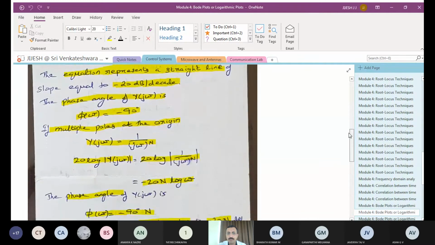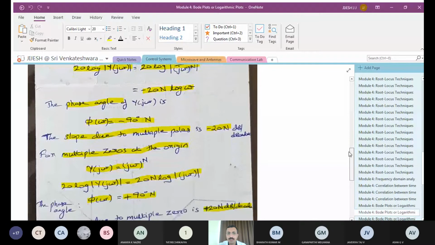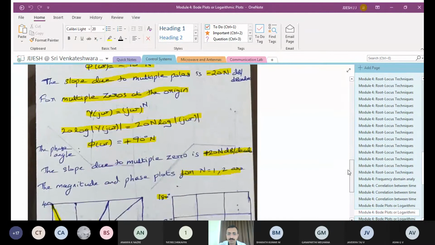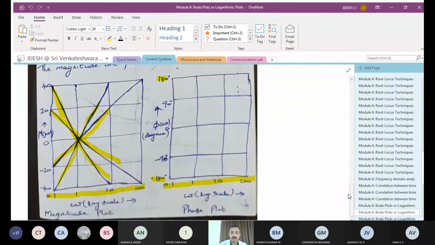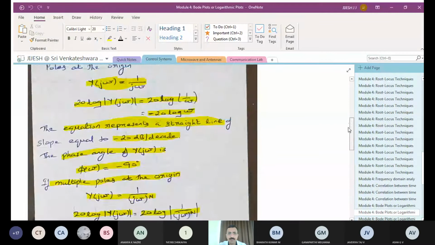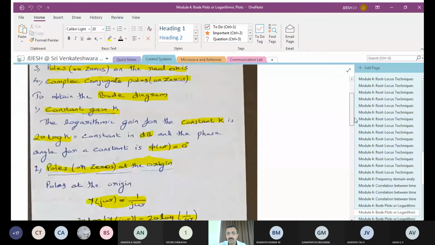As well as in the previous class, we discussed multiple poles at the origin and their corresponding magnitude and phase components, and multiple zeros also. And this is the plot we obtained in this case, that is the second case, poles or zeros at the origin.